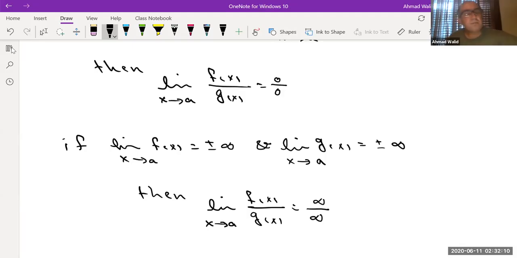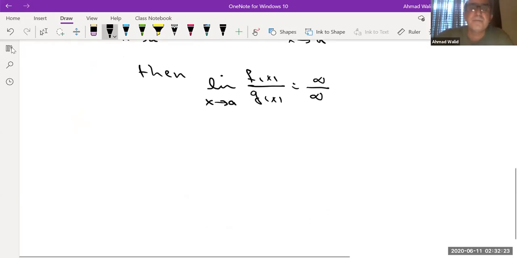Now, how do you deal with these kinds of limits if you cannot factor, if you cannot divide by the highest degree of the denominator? How do you find these limits?